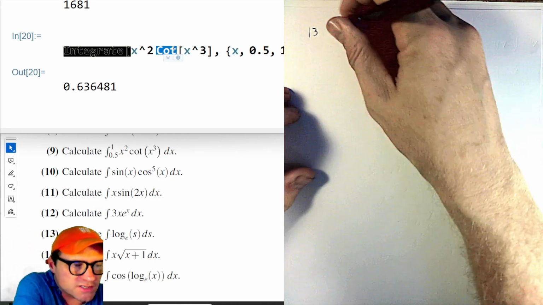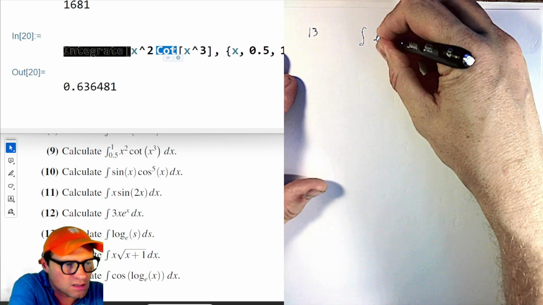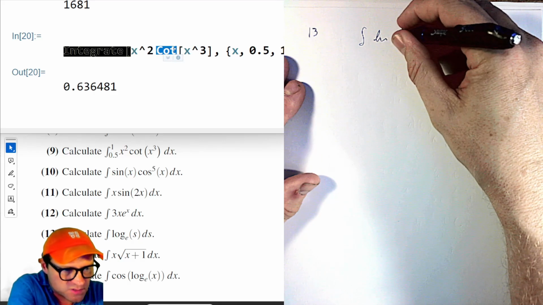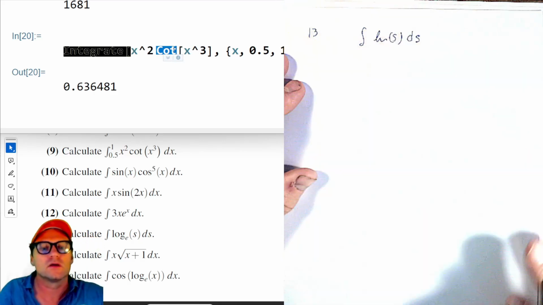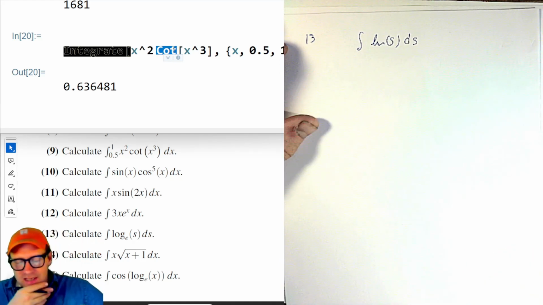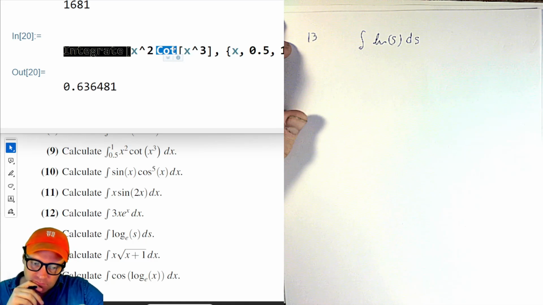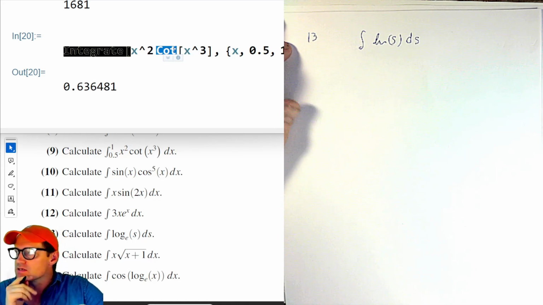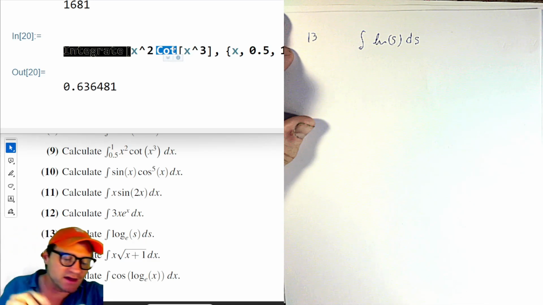All right, so in question 13, we have to integrate the natural log of s with respect to s. Okay, now this is one that should be done by integration by parts. So 1 is the derivative with respect to s of s.